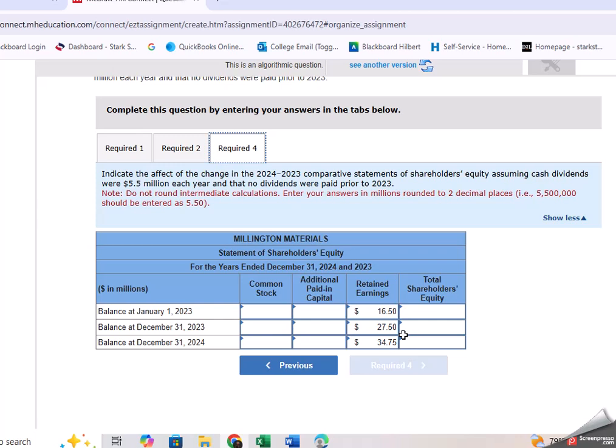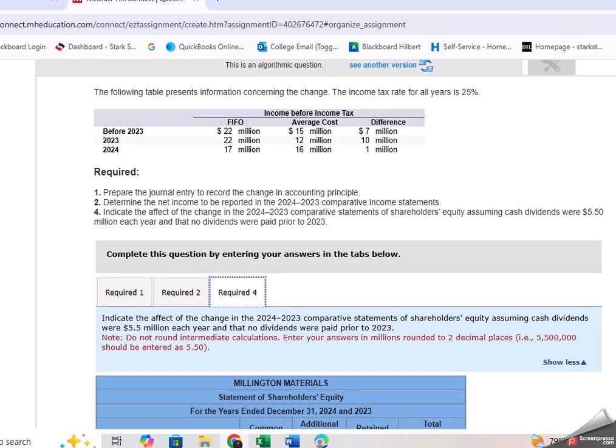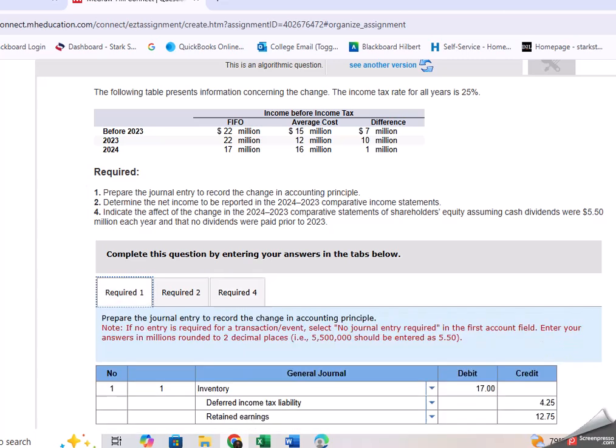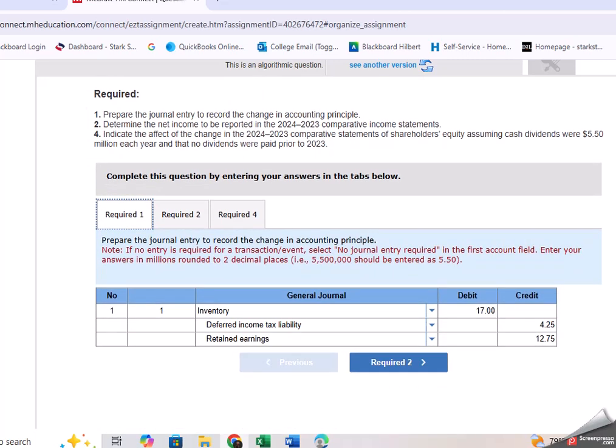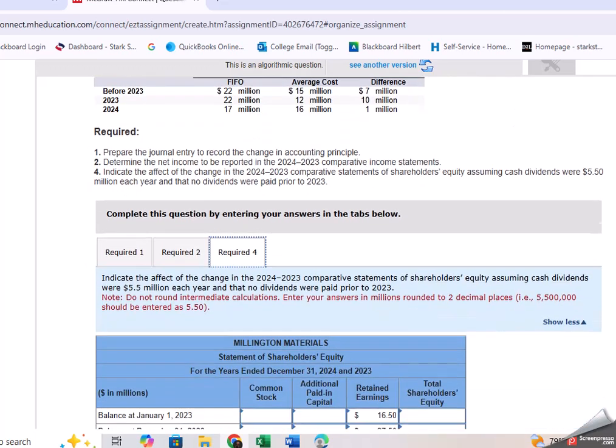Then from 27.5, we subtract out the 5.5 in dividends that we're paying every year. That leaves 22. And then we look at what's our net income for 2024. That might even be on our first requirement here. No, okay, sorry. So then the 17 million less the 25% gives us 12.75.